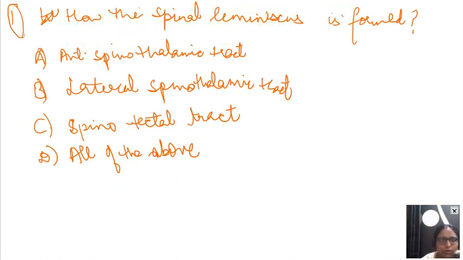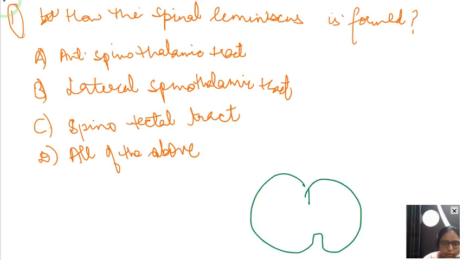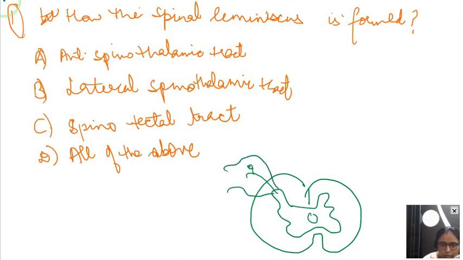As we have earlier seen how it is formed, but I will show you now. For example, this is the spinal cord. I will not go into the detail, but the sensations are coming from the dorsal horn and dorsal root ganglion.